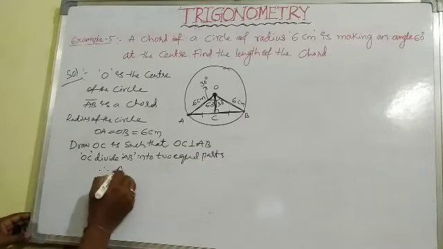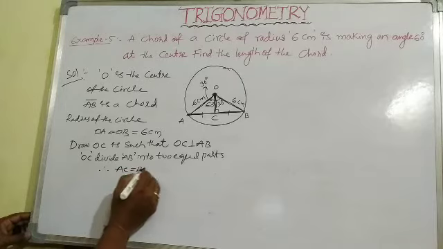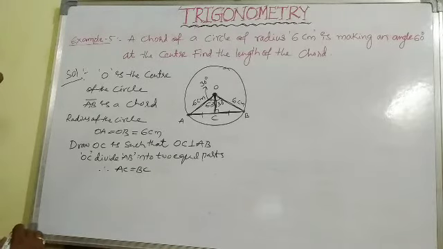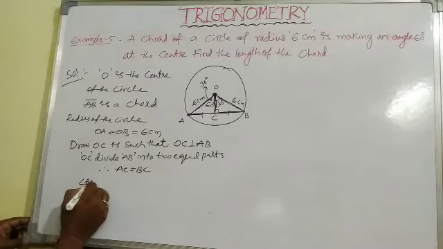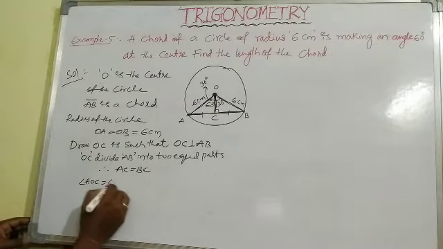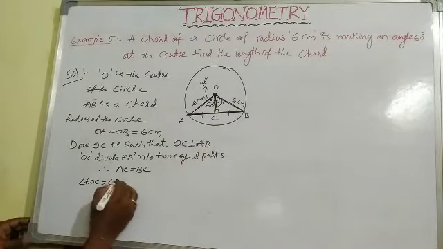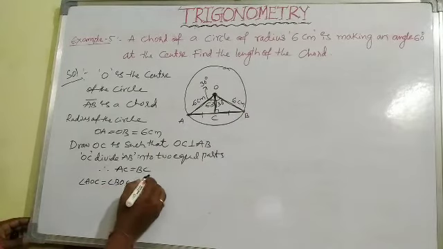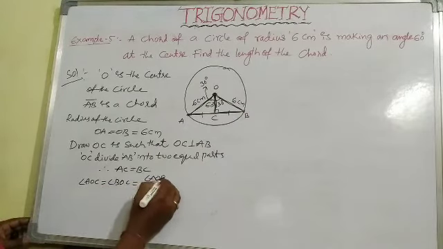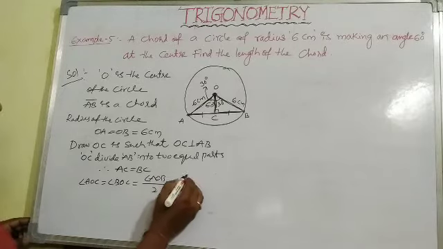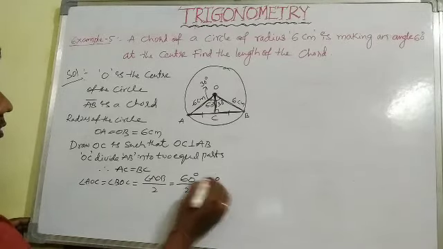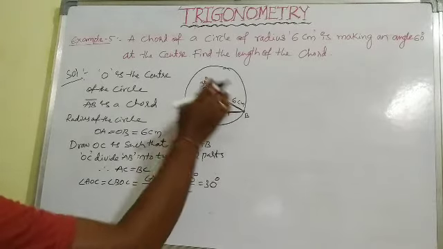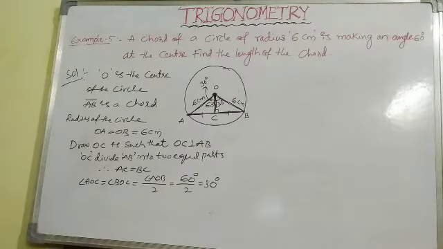Therefore AC length equals BC length, and angle AOC or angle BOC is half of angle AOB. AOB is given as 60, so 60 by 2 equals 30 degrees. So this angle is 30, this angle is also 30.